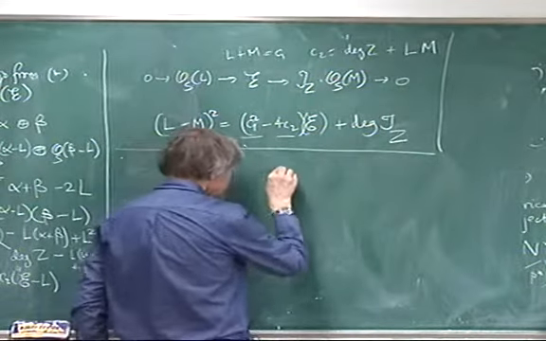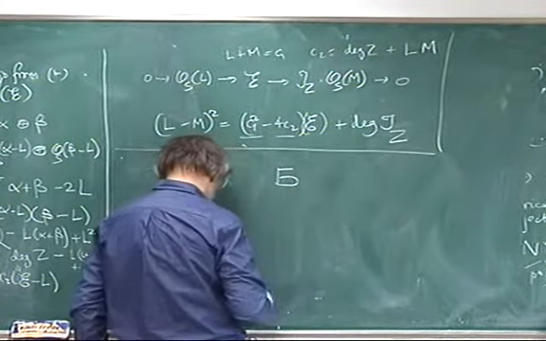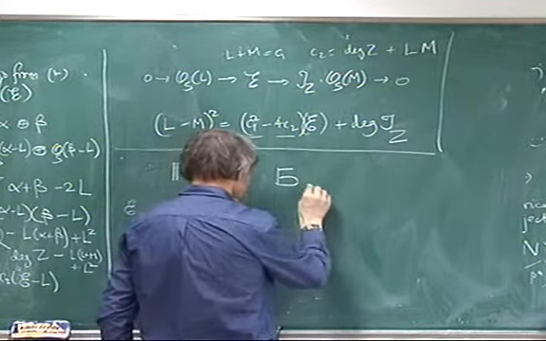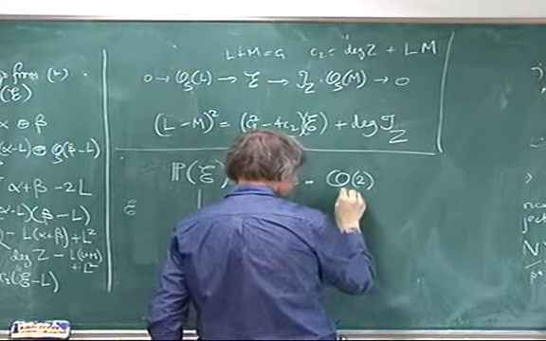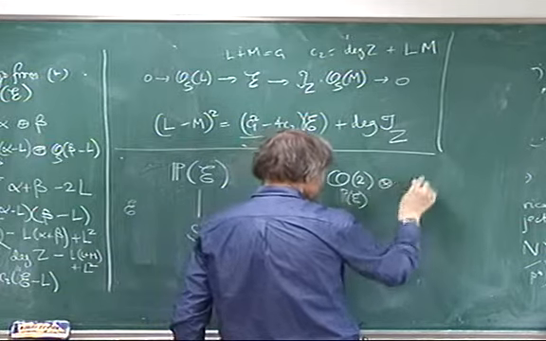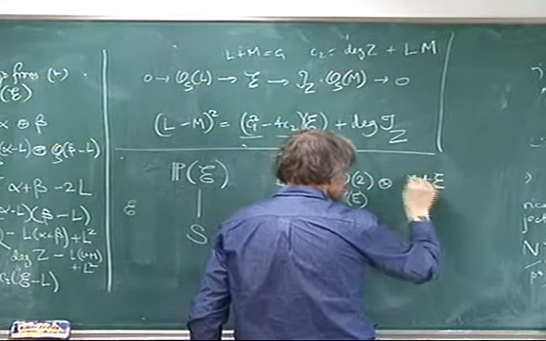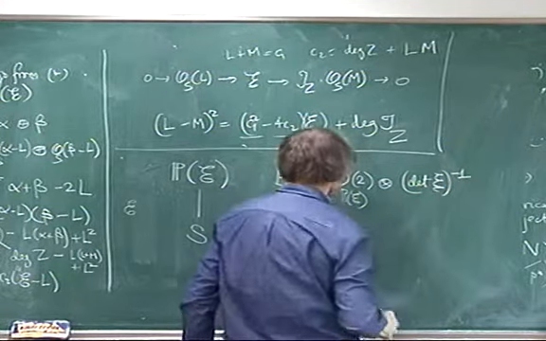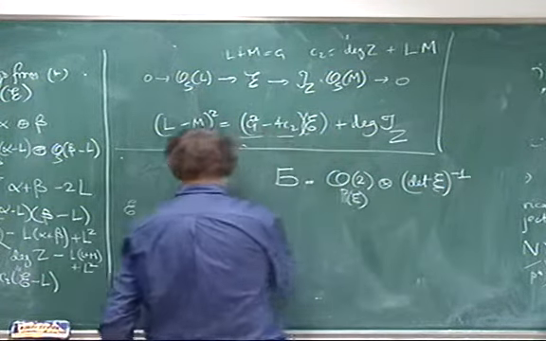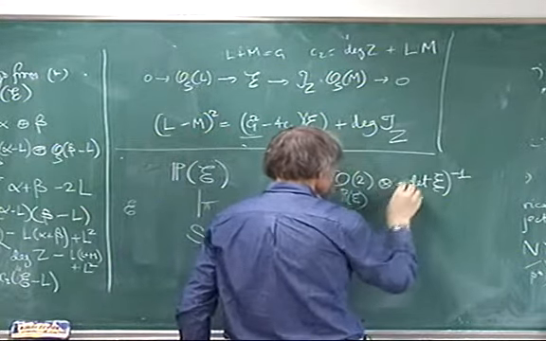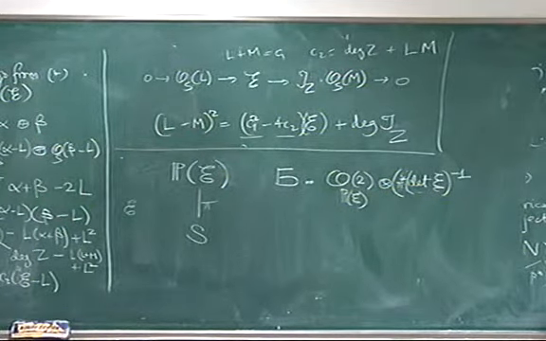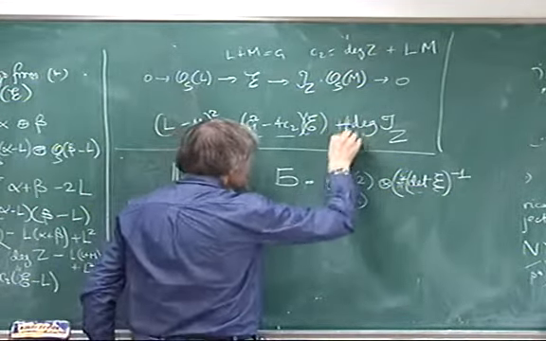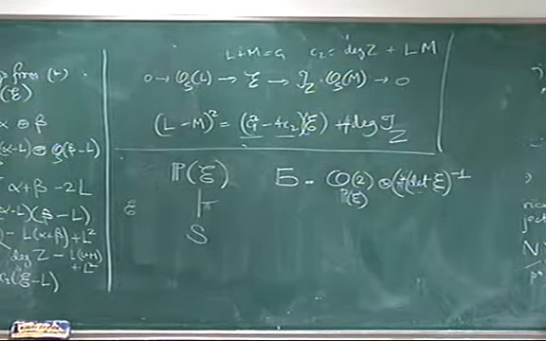And I define this B. B is exactly the same thing as I've always had: O_PE of 2, tensor the pullback of determinant of E to the minus 1. Yes, you need the 4. Yes. Thank you.